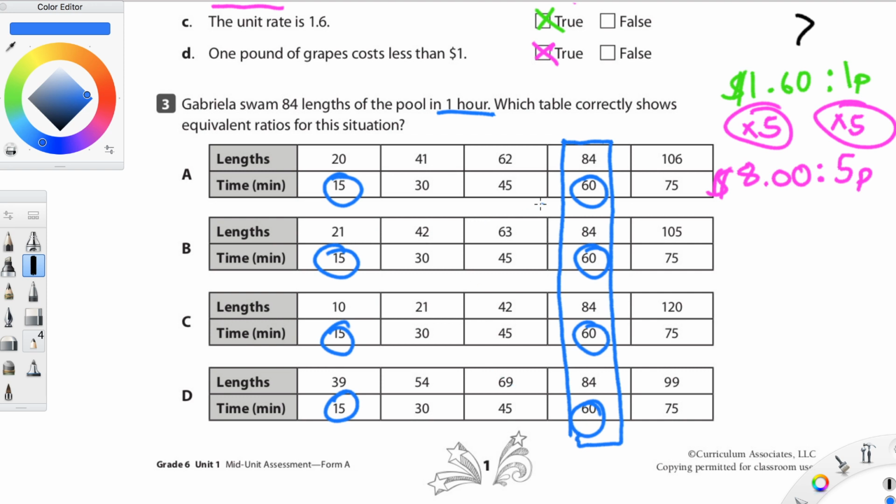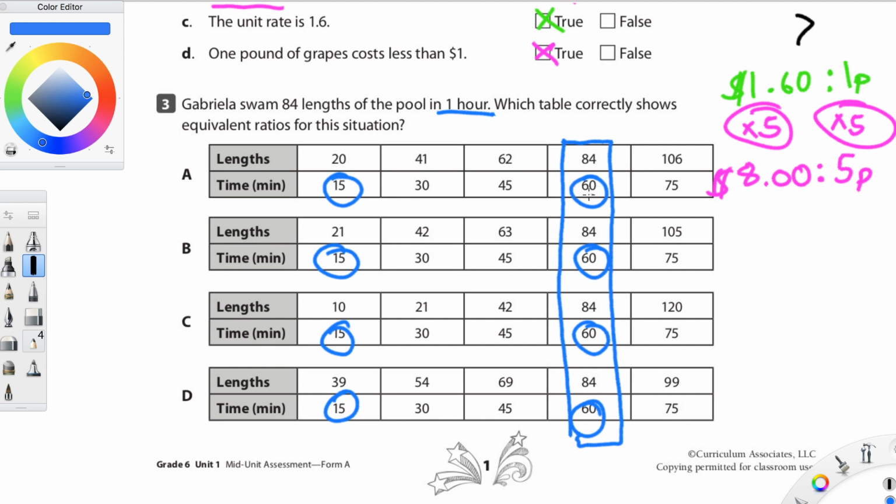All right, let's see where else we can find mistakes. They divided the 60 to get 15. What did they divide the 60 by to get 15? So usually 15, 30, 45, 60. That's skip counting 4 times. So 15 times 1, 15 times 2, 15 times 3, 15 times 4.